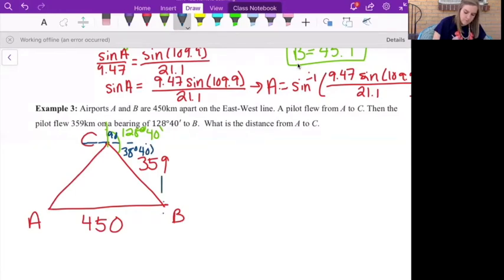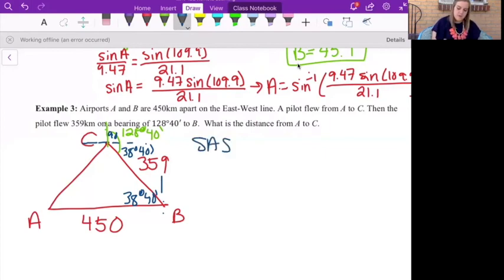And then if you remember, we have parallel lines. So then this angle would also be 38.40.